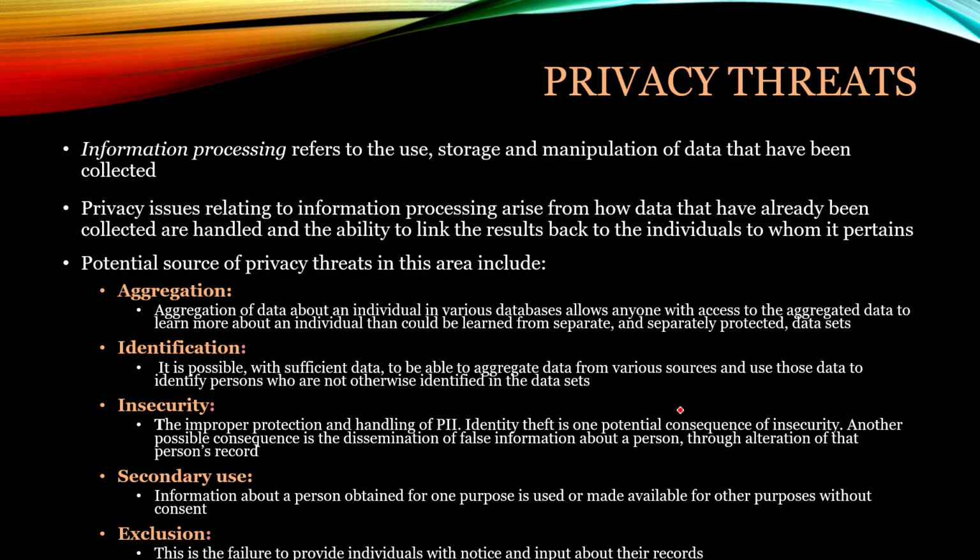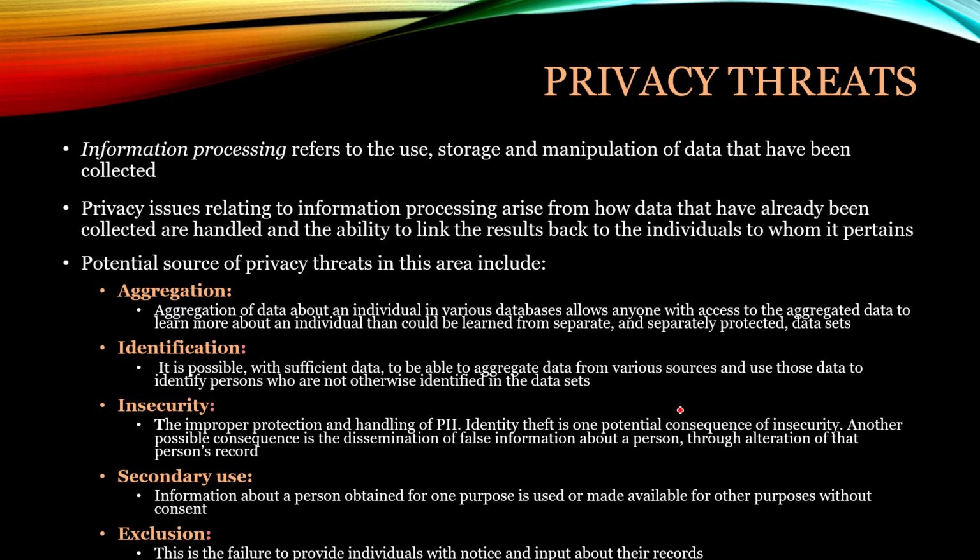Insecurity, that's improper protection or handling of PII. Secondary use is information about a person obtained for one purpose that can then be used for other purposes when consent may not necessarily be given.